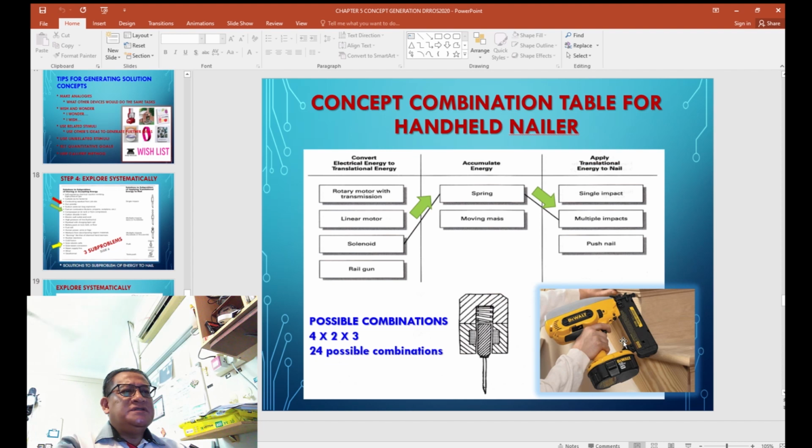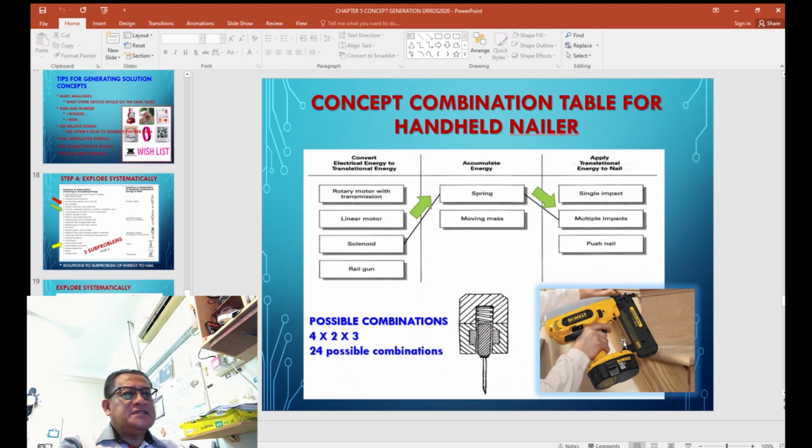Here are a few options or choices you could choose to deliver the technology to punch the nail. For example, you may use a linear motor, right? So AC motor, or you may use a solenoid in order to release the motion to the spring, and the spring releases its energy and delivers multiple impacts towards the nail in order to punch towards the wood.